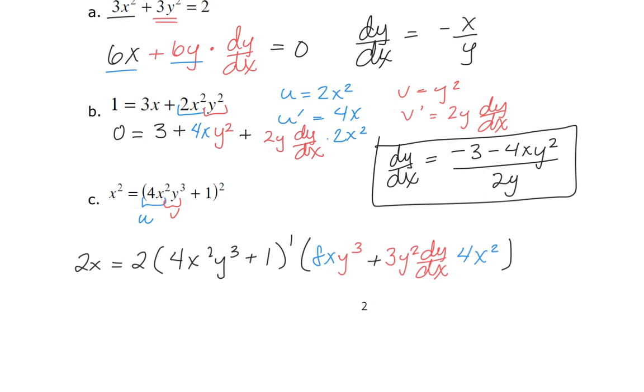I'm asked to solve for dy/dx. Let me see, what do I want to do first? I think I'm going to divide both sides by 2, and by 4x squared y cubed plus 1, because this is a multiplier on the right-hand side.